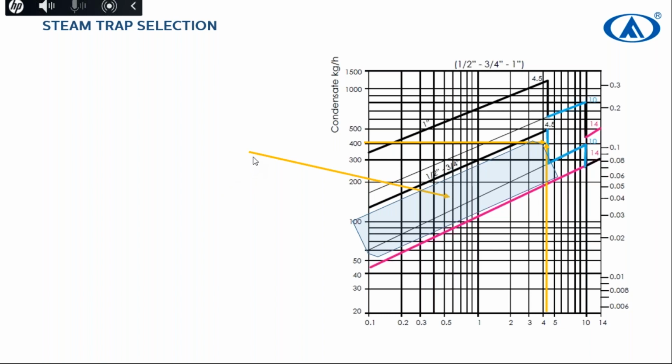Why do we need to set bimetallic steam traps?